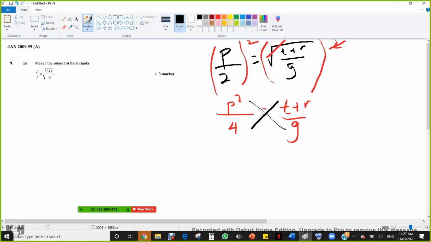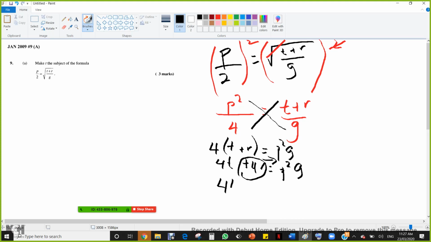So we can say 4 into (t plus r) is equal to p squared g, or g p squared, no matter. So 4t plus 4r is equal to p squared g. We take across this.